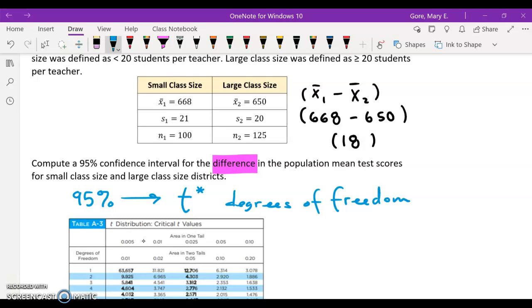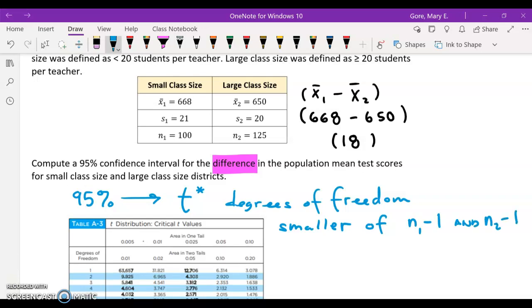And that's going to be the smaller, when working with two populations, or two samples I should say, the smaller of the first sample size minus 1 and the second sample size minus 1.